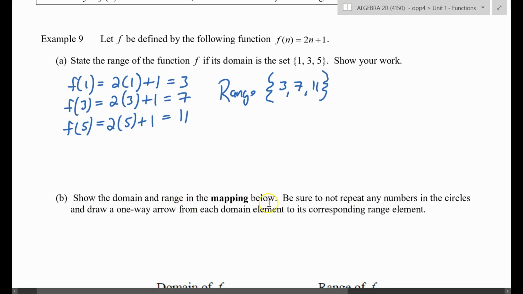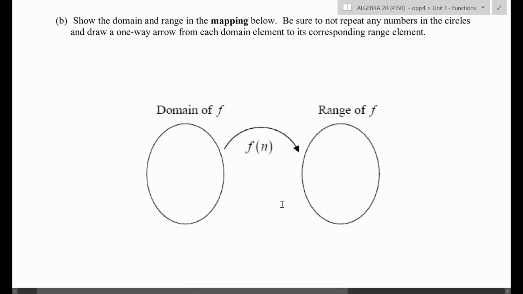State the domain and range in a mapping below. What else did I plug in? 1 and 5.